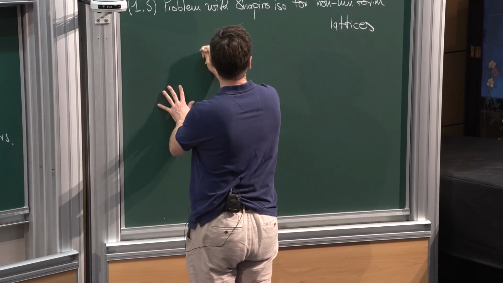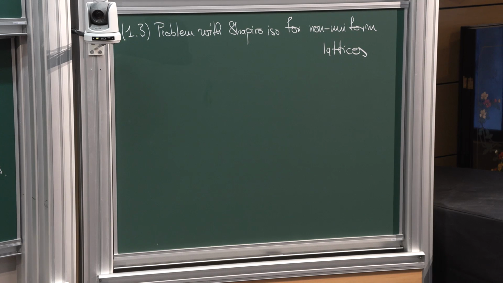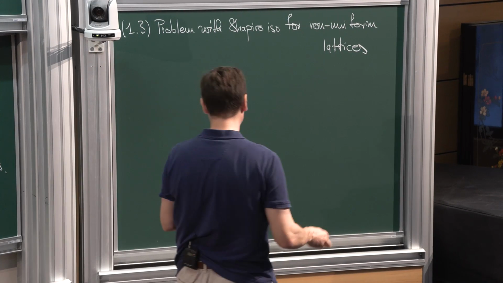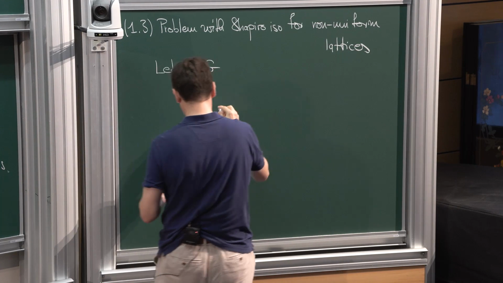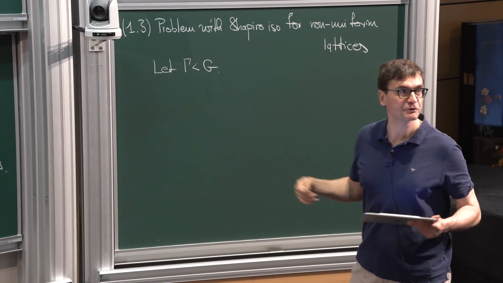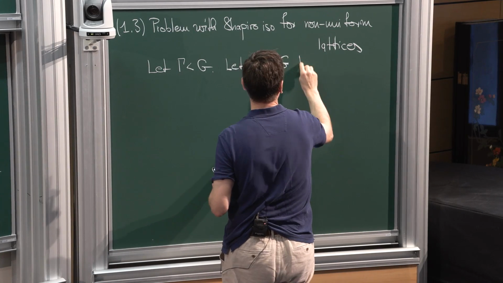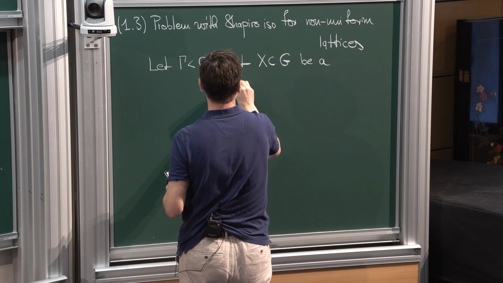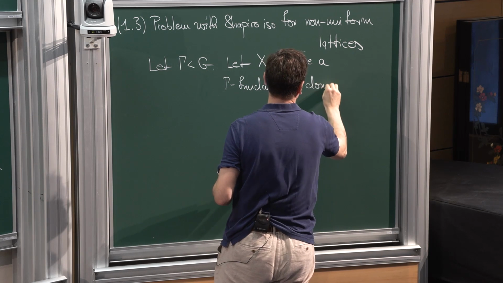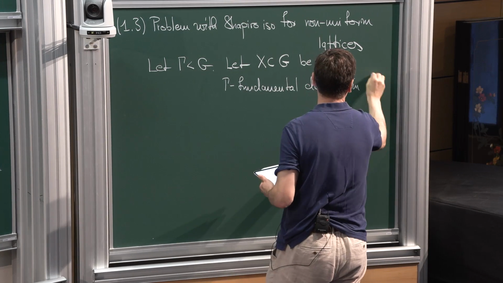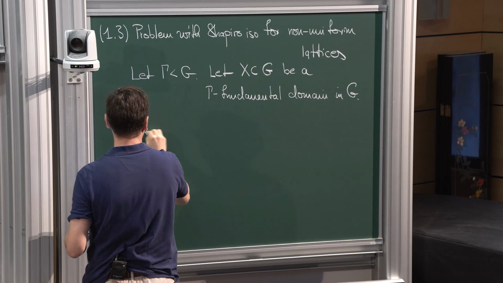Okay, so there I need a cocycle, and cocycles I can never remember where the inverse is. So let gamma be a lattice, uniform or non-uniform. Let's pick a fundamental domain in G and then there is something called the lattice cocycle.